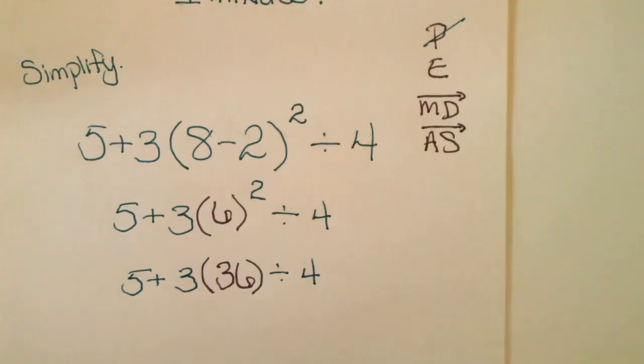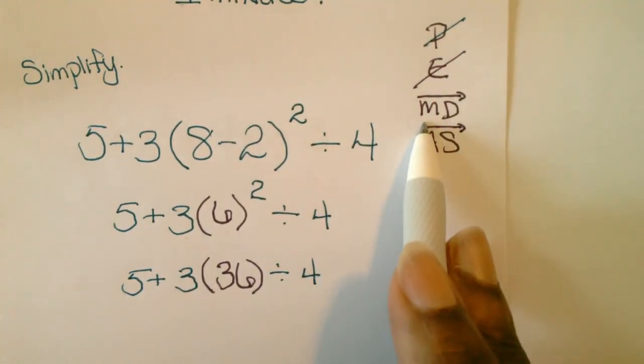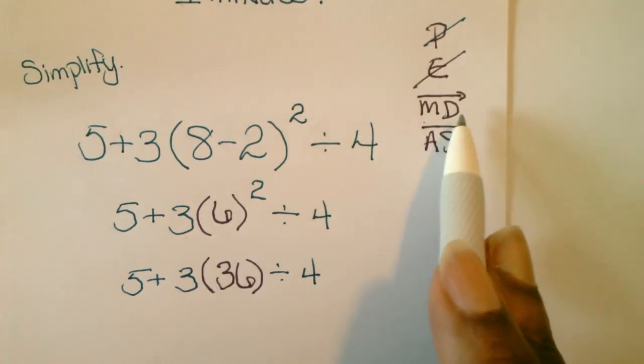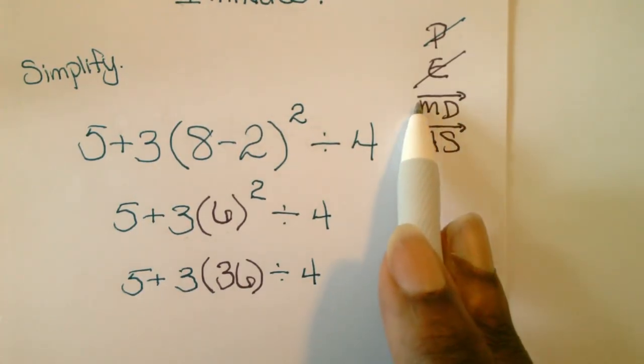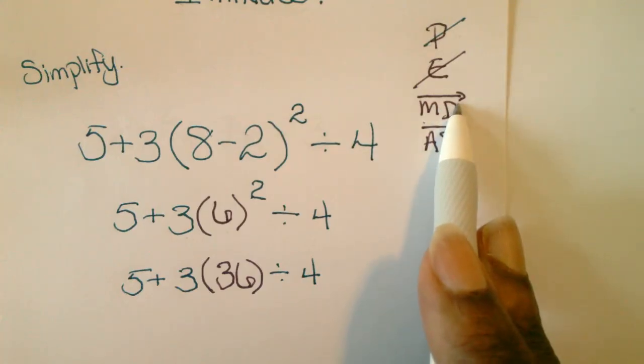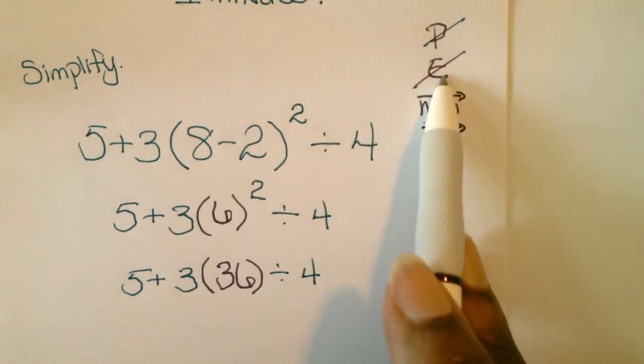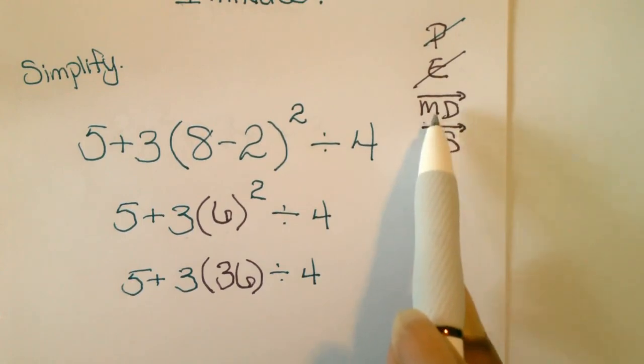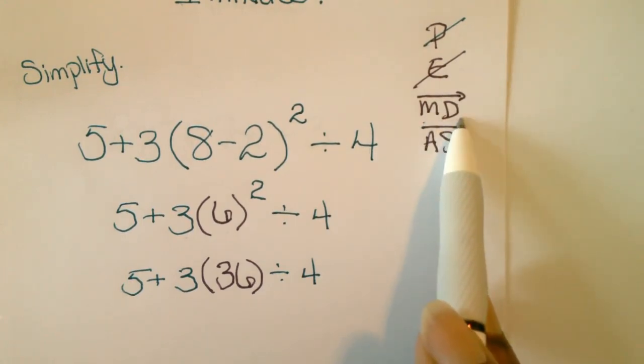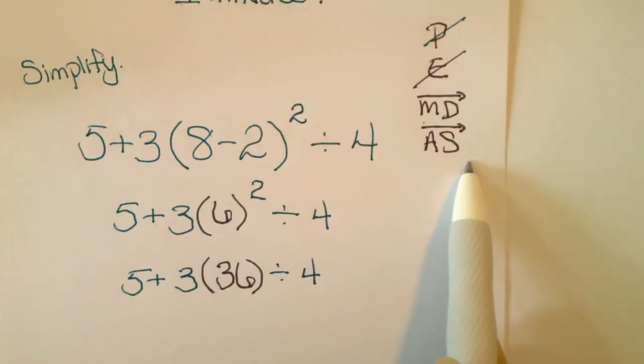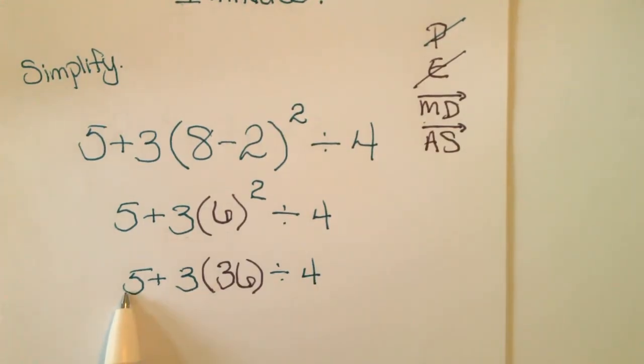Okay. So now that the exponent is done, boom, now we're doing multiplication or division from left to right. Okay, the left to right doesn't go with the exponent. The left to right goes with multiplication or division, or addition and subtraction. So starting from the left, we are not combining the 5 and the 3. That's addition.